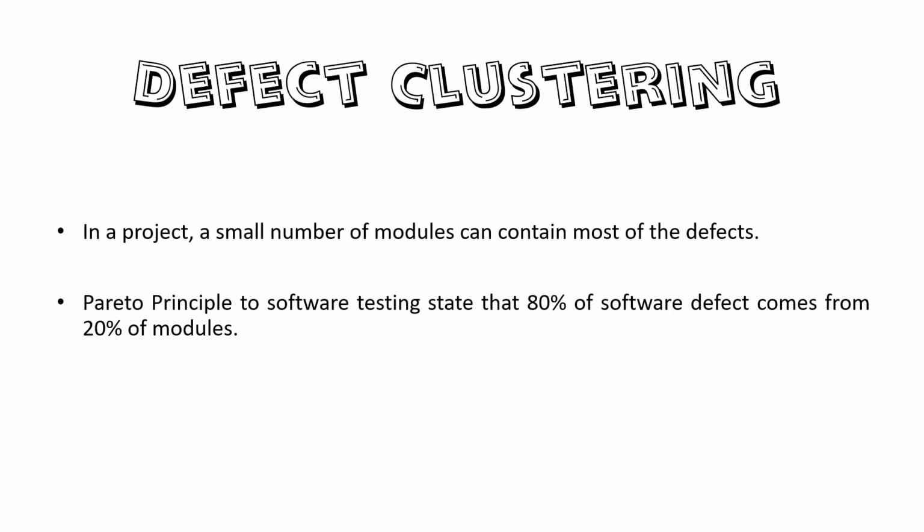If one page consists of a defect, then that page will have more defects related to or surrounding that defect. So 80% of the software defects come from 20% of the modules, and the rest will mostly be error free. This concept is known as defect clustering.